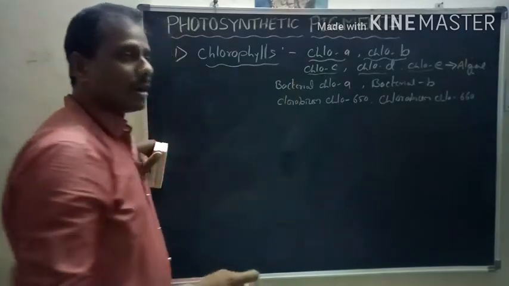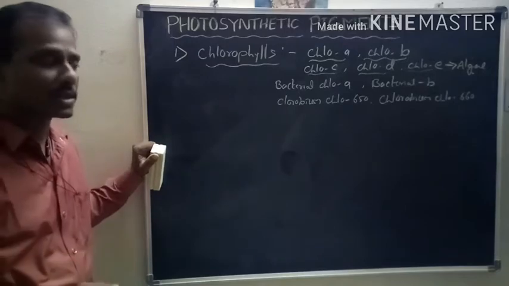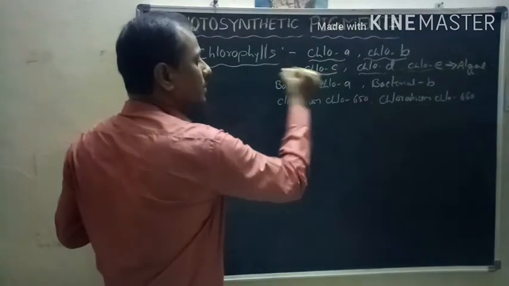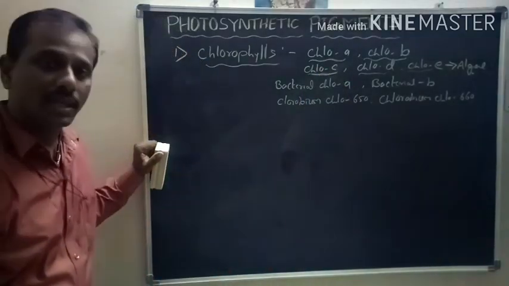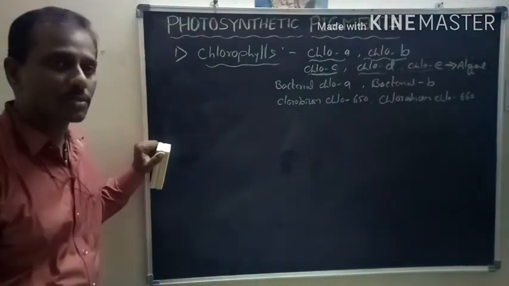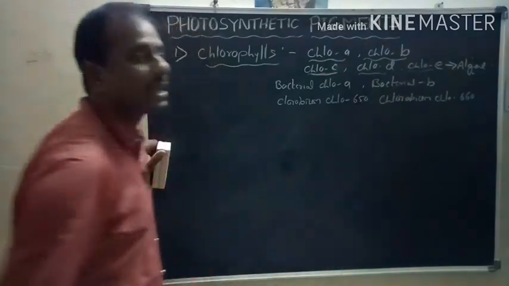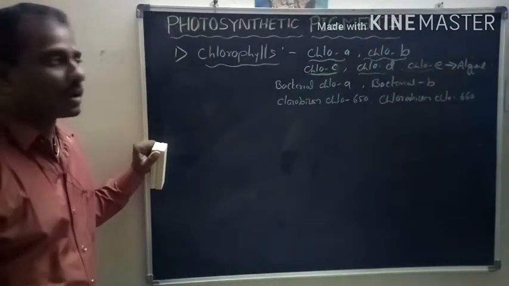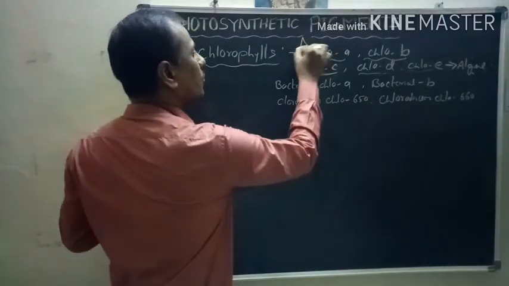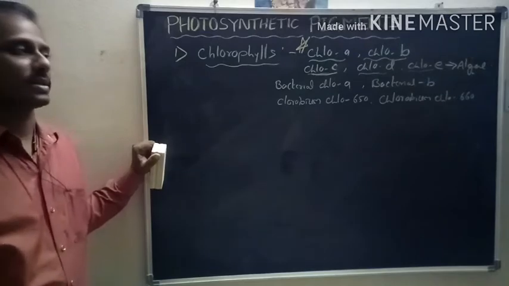In algae, in chlorophyceae, chlorophyll B is present. In xanthophyceae, chlorophyll C is present. In rhodophyceae, chlorophyll D is present. In phaeophyceae, chlorophyll C and chlorophyll E are also present. But chlorophyll A is present in all the plants.